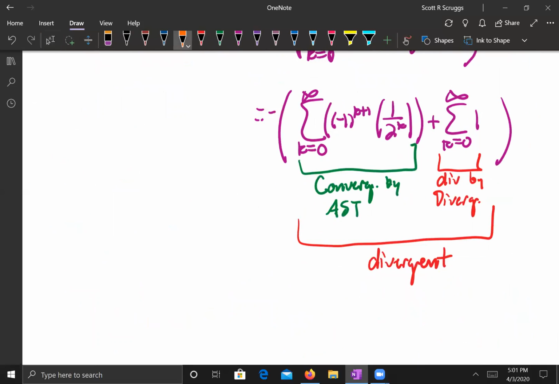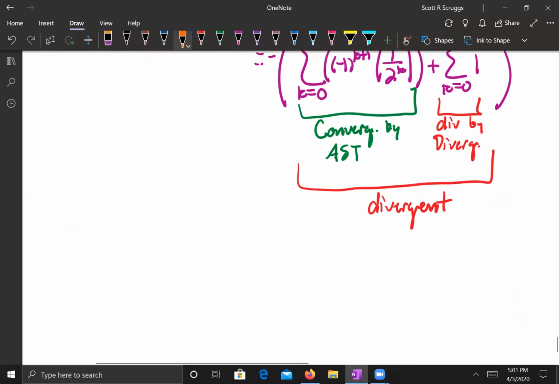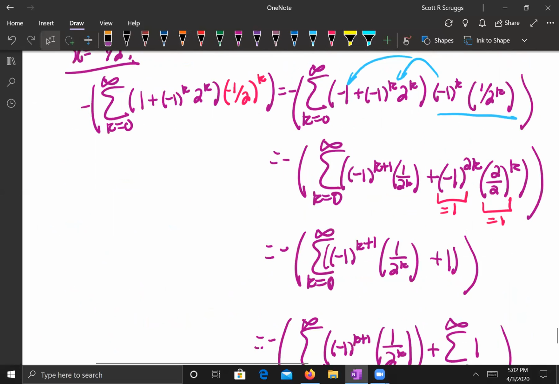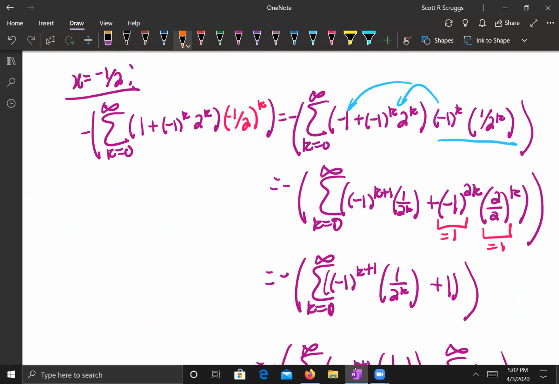And go ahead and mention it again, Anthony. If you plug in 1/2 in here, you're essentially going to get the exact same result. It's just 1 over 2 to the kth power, and then just -1 to the kth power here.